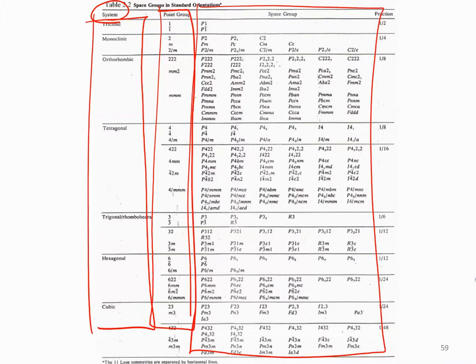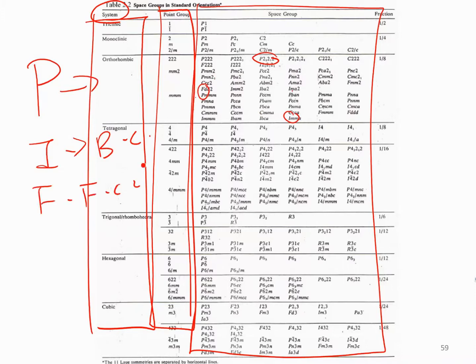Okay, for this one, you can see that the first symbol always represents the lattice type. P means primitive. Then we have I. I means body centered. F means face centered.